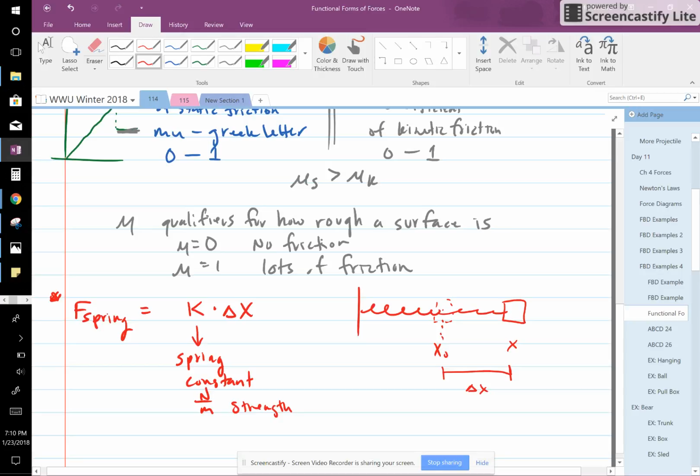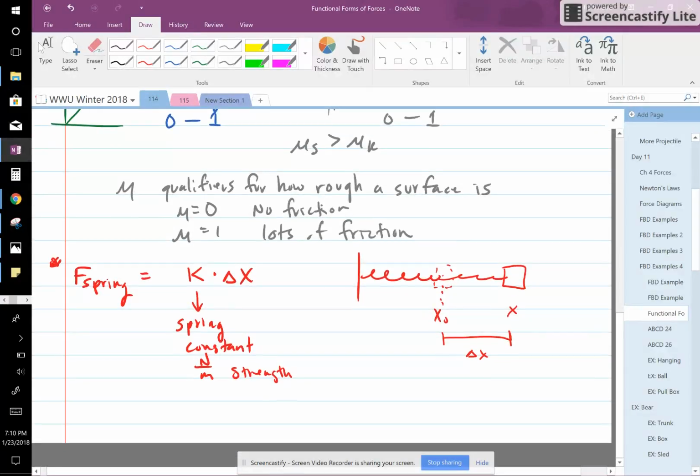So this is the functional form of the spring force. It's related to Hooke's law, which looks just like this, except it says F spring equals negative k delta x, where this negative is just reminding you that if you stretch the spring, it wants to go in the negative direction, back to its equilibrium position.